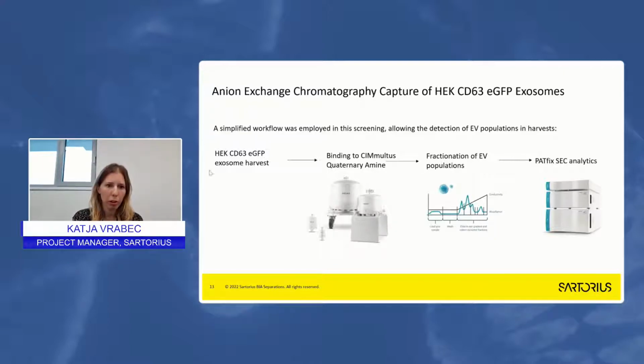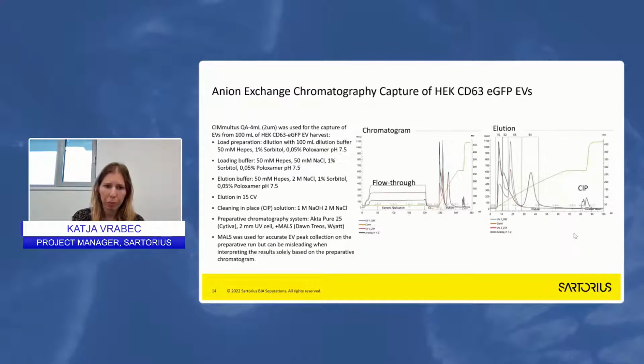So we used HEK exosome harvest. We used a CIMmultus quaternary amine ligand for binding of these EVs and for fractionation. And then we used PATfix for detection of EVs in these samples.